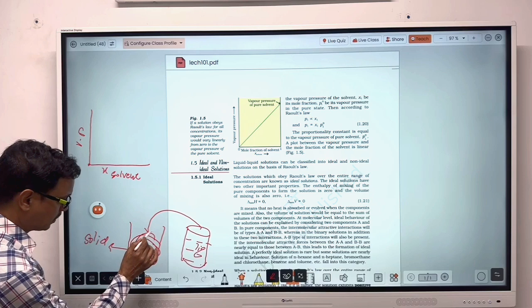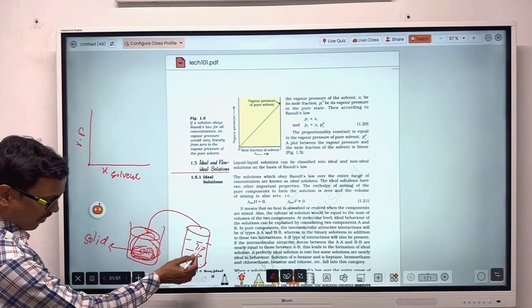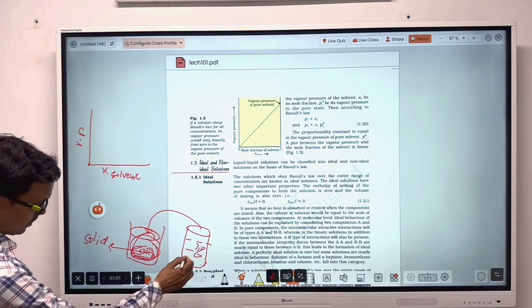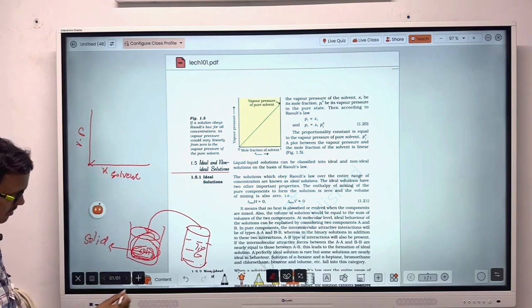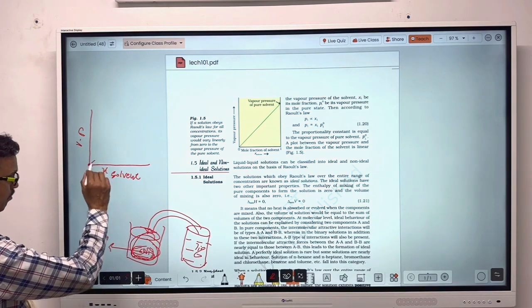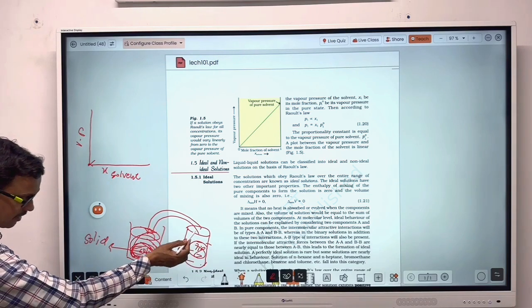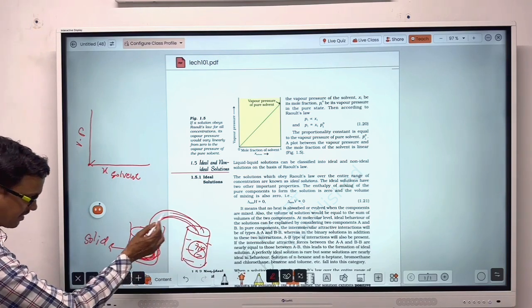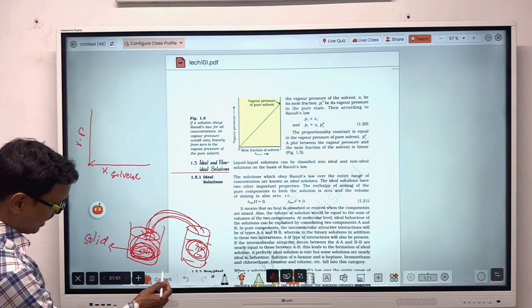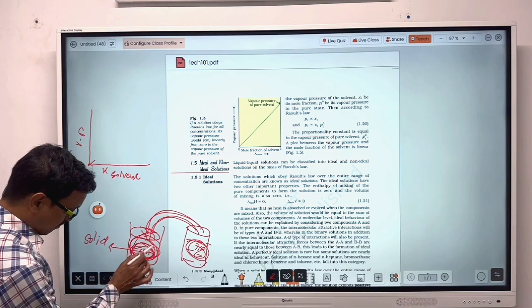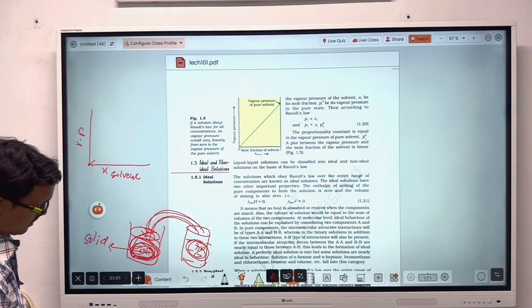Now you add the liquid. So the mole fraction of the liquid solvent will increase, so vapor pressure will increase. Again you add water. Because the solid particles are the same and the liquid particles are increasing, the mole fraction of liquid solvent will increase and the mole fraction of solid solute will decrease.